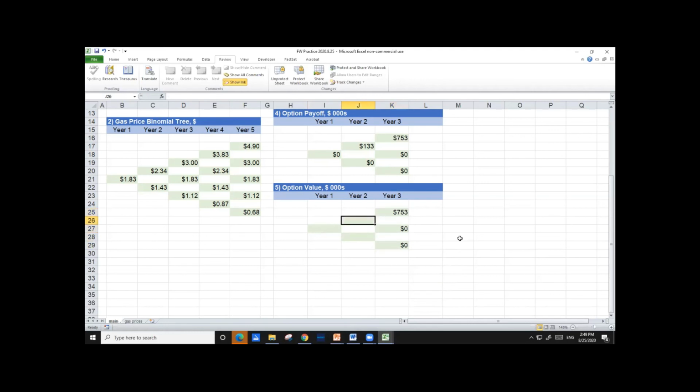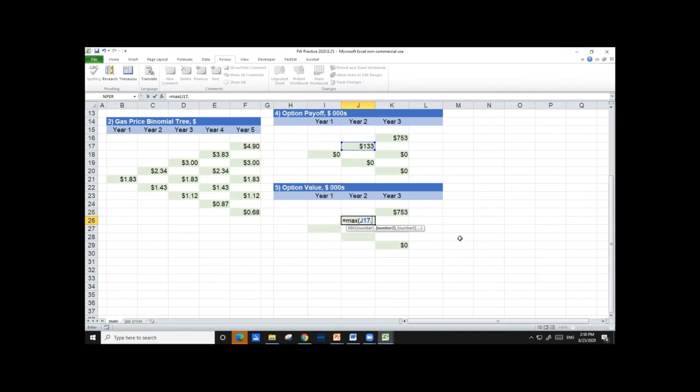In year 2, the option value is the present value of the expected outcome in year 3. And then also there's the if statement here, or a max formula. Basically, that says that the value would be the higher of the NPV in year 2, or the present value of the NPVs from year 3.